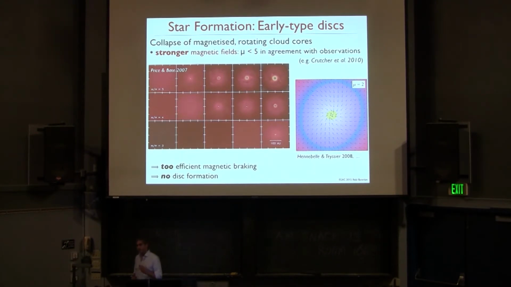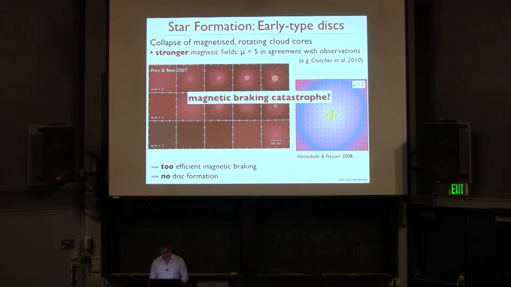So essentially, if you want to lose flux to get a disk at the end of the day, even if you start with a strong magnetic field, you want to make sure that the flux loss happens on fairly large scales already. And in this research topic, there are a lot of catastrophes, and this is called a magnetic braking catastrophe.